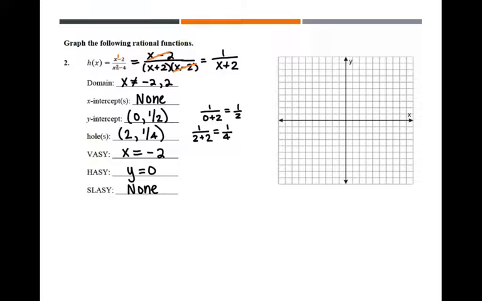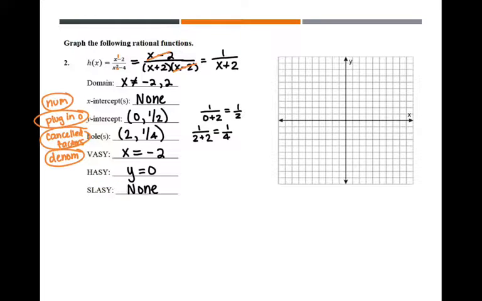So I'm going to make a couple notes along the side just in case you need it. So x-intercepts will come from the numerator. Y-intercepts come from plugging in 0. Your holes come from factors that canceled. So canceled factors. Vertical asymptotes come from your denominator.